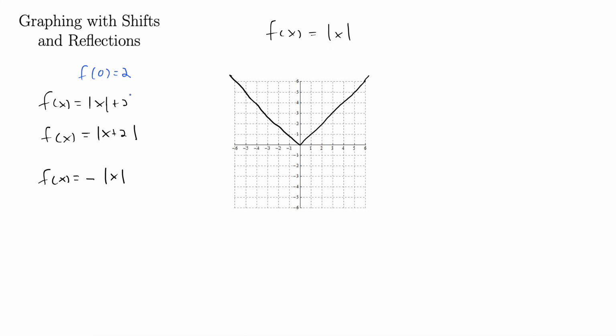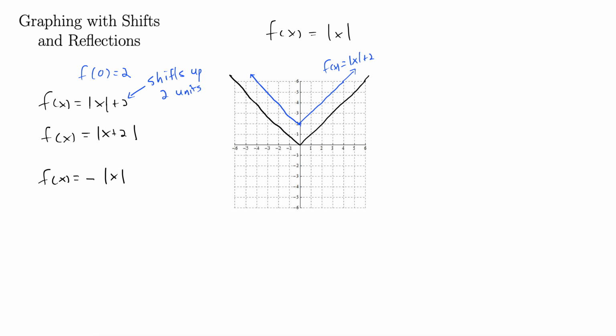This shifts our graph up by 2. Shifts up 2 units. Here we go. It's the same graph, just everything is shifted up 2 units. Okay, there we go. So this blue one is f of x equals absolute value of x plus 2. Okay, that keeps going.